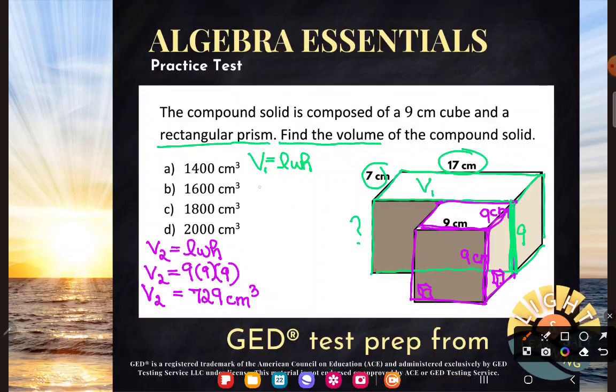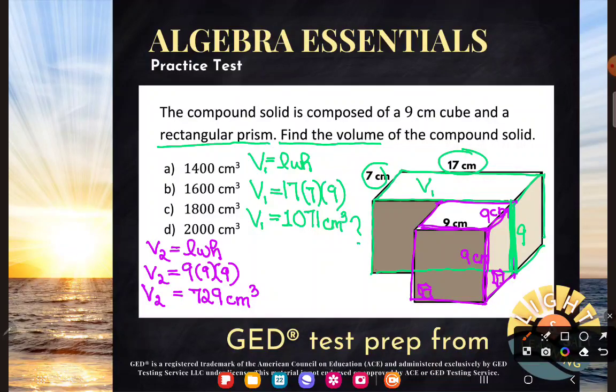Its height is 9. So for the first one, length is 17, width is 7, height is 9. The volume of that first shape, the back green one, is 17 times 7 times 9, which is 1,071 cubic centimeters.